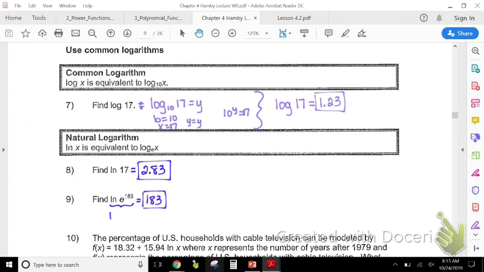This is the same as saying log base e of e to the 183. So you would know that your base is e, your x is e to the 183, and you're solving for y. When you set it up, you'd have b to the y equals your x. And just like before, our bases would disappear, and so y would equal 183.